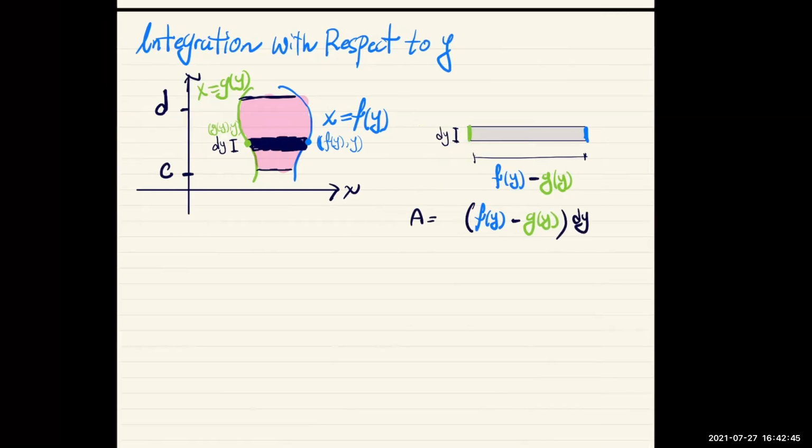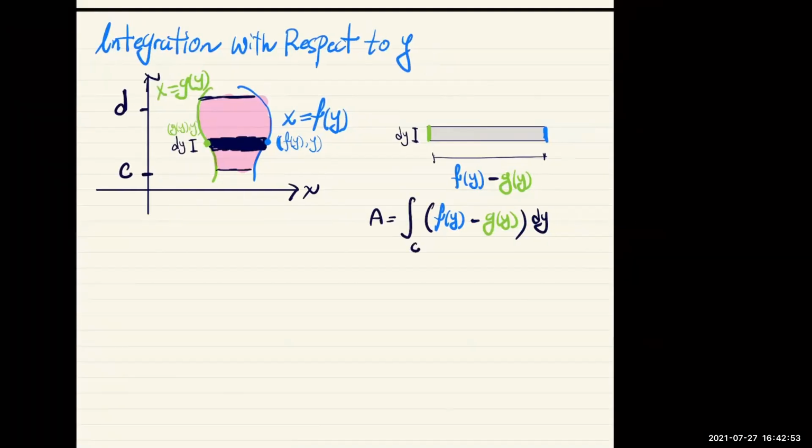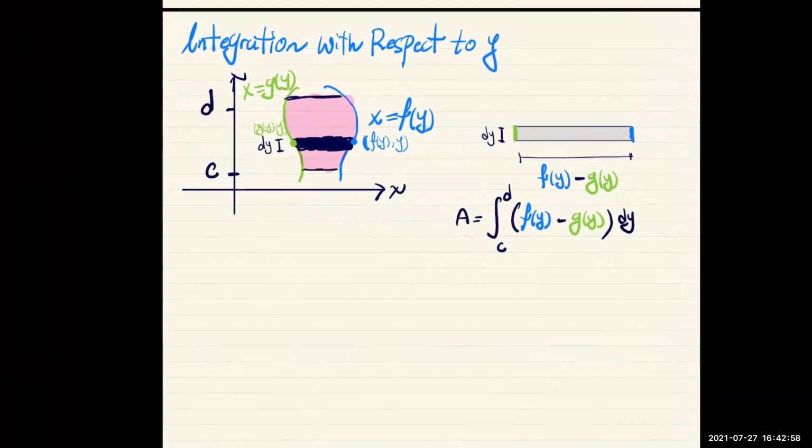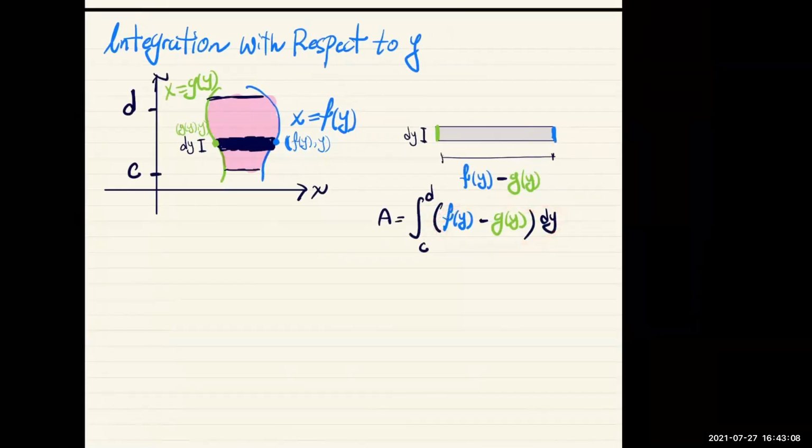And then you're going to do a Riemann sum. Add the area of all rectangles. That's basically the integration going from C to D. You're adding all of these, the area of all these horizontal strips. The sum of the area of the horizontal strips.